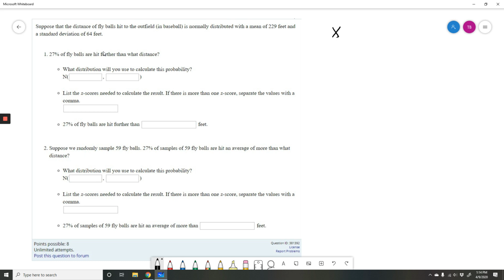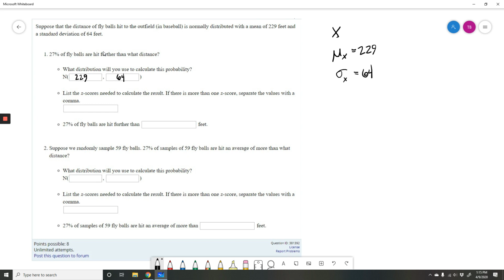So we're looking at individual fly balls, individuals in the population. And so we just need the population mean, which we are told is 229 feet, and the population standard deviation of 64 feet. And so that's what goes here. No tricks for this first bit. So our mean and our standard deviation, because again, we're just looking at the basic probability or population distribution here.